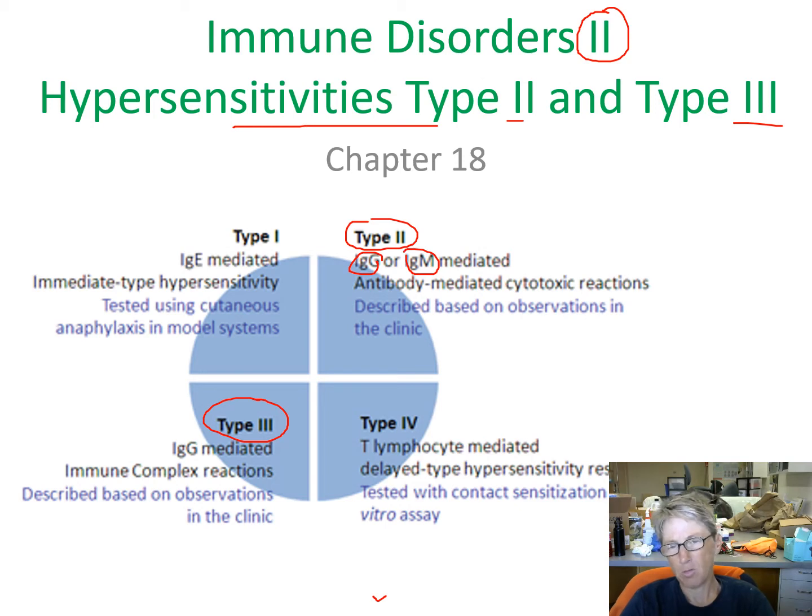And you'll see these hypersensitivities will lead to cytotoxic reactions. And then type 3 is also IgG mediated. So if we just take into account at this moment, type 1, type 2, and type 3 are all antibody mediated hypersensitivities. And we'll see when we get to type 4 that is not antibody mediated.